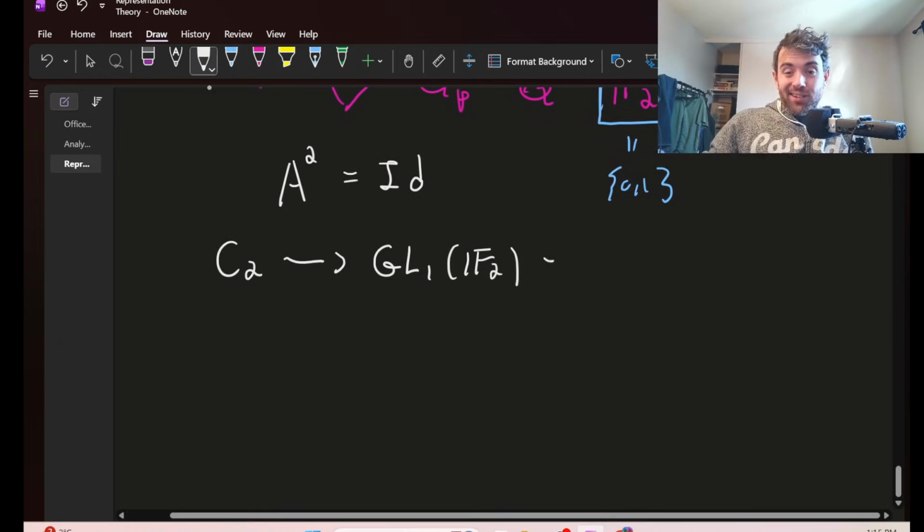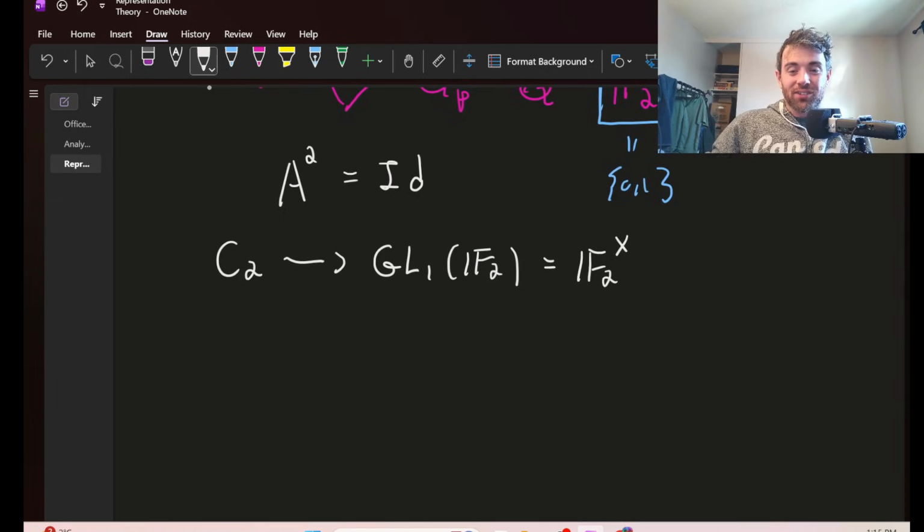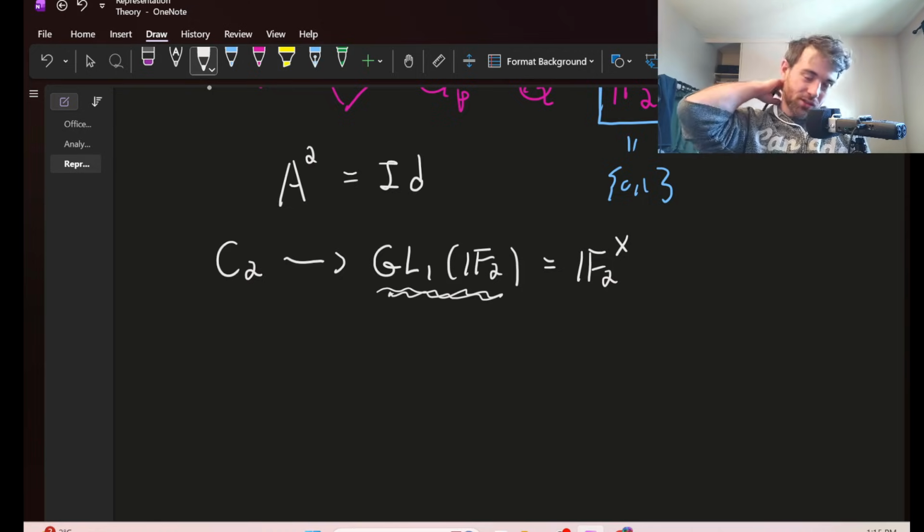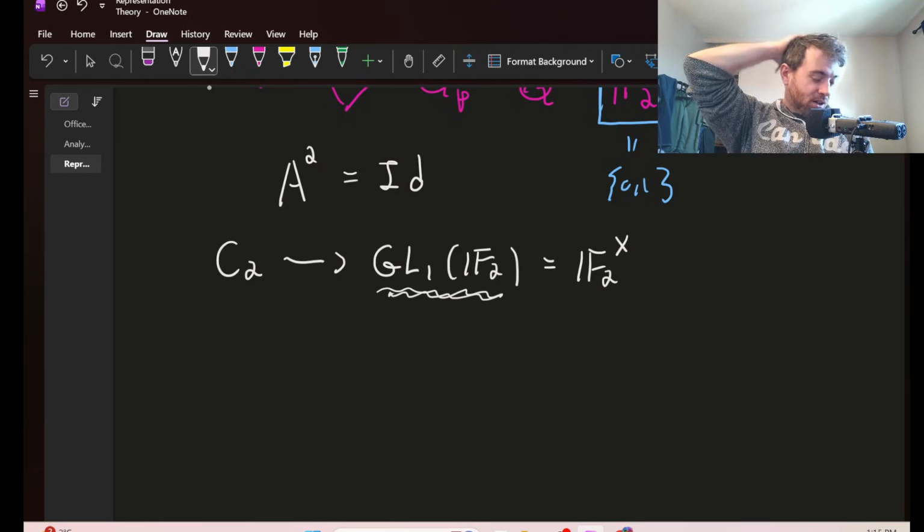What is that? Well, this is just the non-zero elements of the field, because for a one-dimensional vector space, the only linear transformations are scalar multiplication, and the only invertible scalar multiplications are the ones which are non-zero, right? All the non-zero ones have an inverse, right?